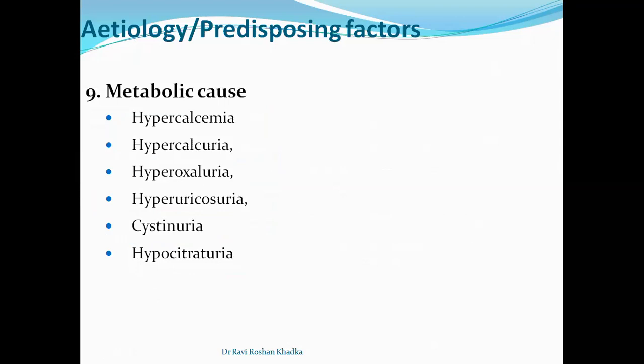In some patients, there might be an anatomical abnormality like obstruction in the urinary tract, or some might have metabolic disorders. So there may be a combination of multiple causes, or a different cause in different patients. That's why we have to treat each and every individual with stone disease in a different way. Treatment means first we remove the stone, then the real treatment starts, that is prevention. That's why for all these things we need to know about the etiology or predisposing factors.